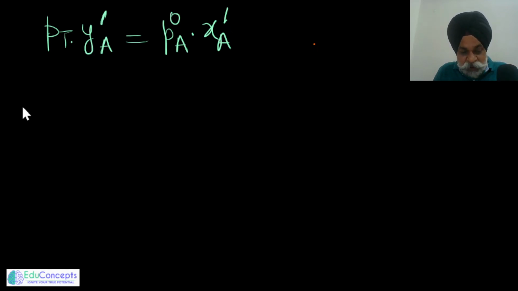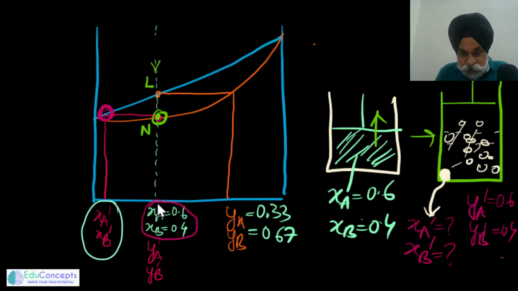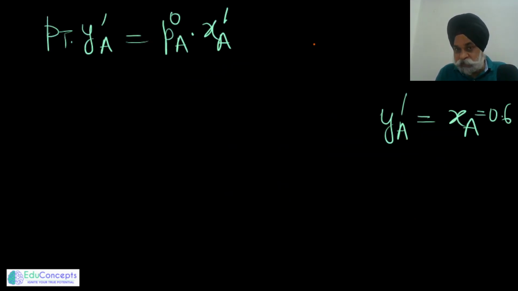Now what we are saying is that YA dash is exactly the same as XA, which had been 0.6. This is what I am trying to say time and again. Let me write it once again for you. This XA, which was the starting one, now would be the YA dash and YB dash. This is what is very important.